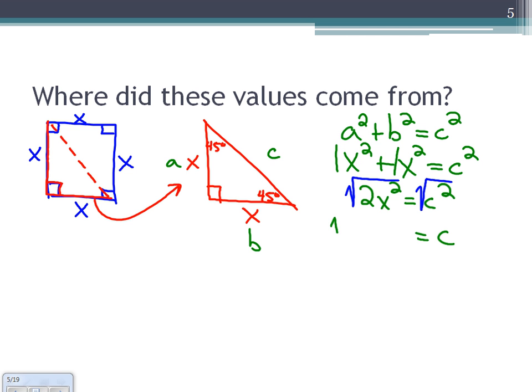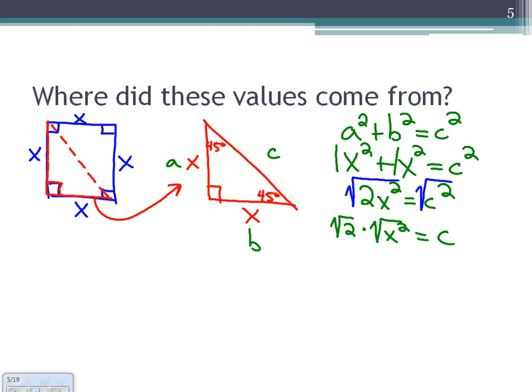So this becomes square root of 2 times square root of x squared. Remember our rule for radicals. You can multiply together 2 radicals if they're both underneath, and if they're both outside, you can multiply them together. So in this case, I'm just going to pull them apart. If they're both underneath the radical, keep them both underneath the radical. Does that make sense?